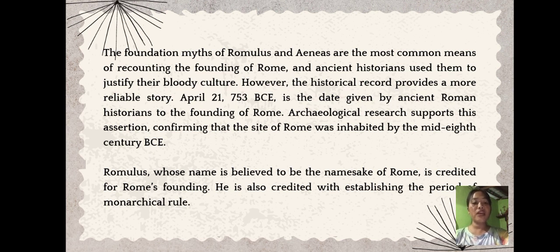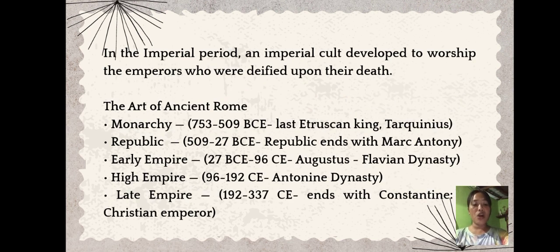The enduring legacy of Roman art is seen in its influence on the Italian Renaissance, as well as on contemporary art forms. The periods of ancient Roman art are the monarchy, republic, early empire, high empire, and late empire.